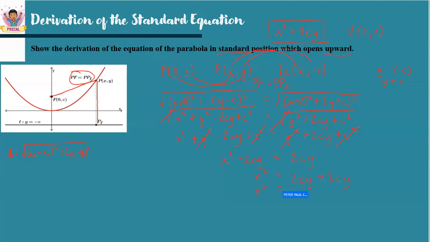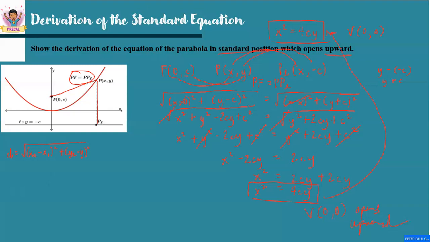Combining like terms, 2cy plus 2cy will be 4cy. So you see, we have arrived at the standard equation of the parabola in standard position, which opens upward: x squared equals 4cy. This is the formula for a vertex at (0, 0) when the parabola opens upward. Okay?